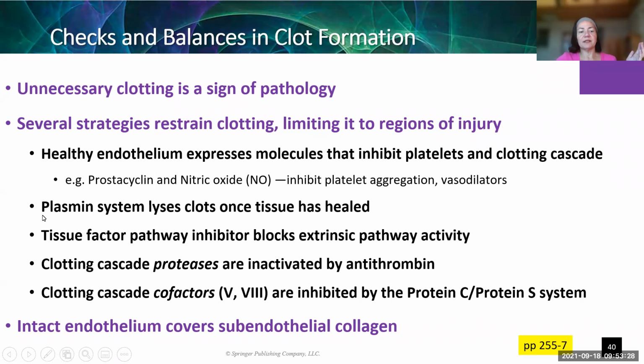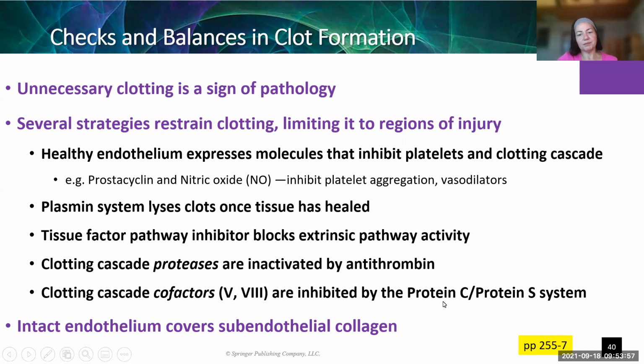We have molecules that help lyse the clot once the tissue has healed. We have inhibitors that block the extrinsic pathway. There's proteases. This is where that yellow and blue stuff comes in. So we have antithrombin that inactivates some of these factors.